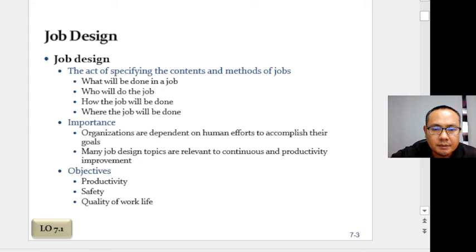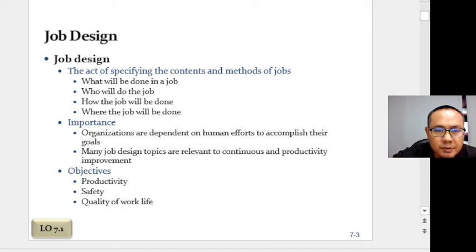Okay, what will be done, who will do the job, how the job will be done, where the job will be done. And then the importance of the job, and the objective.